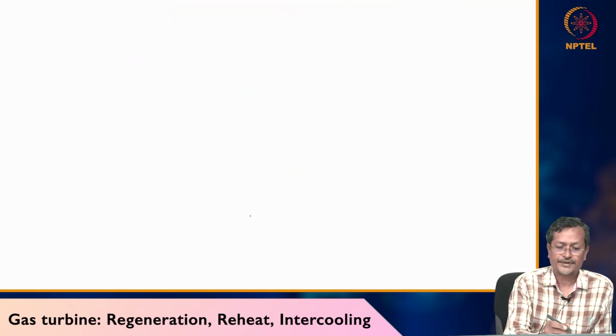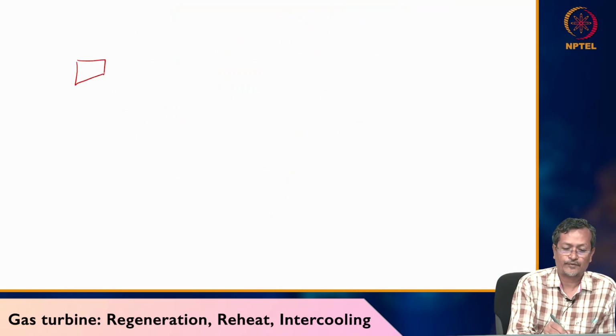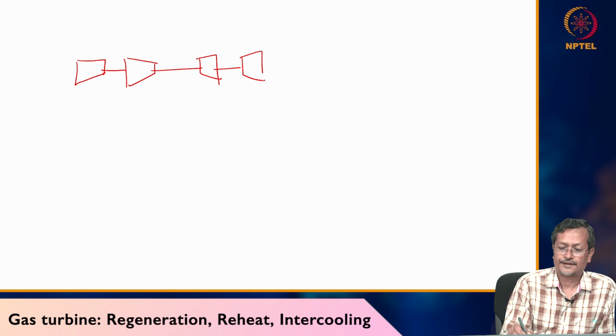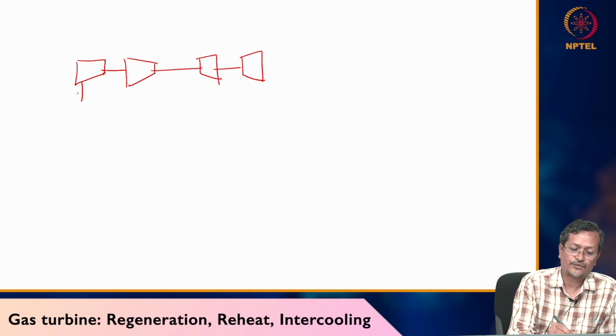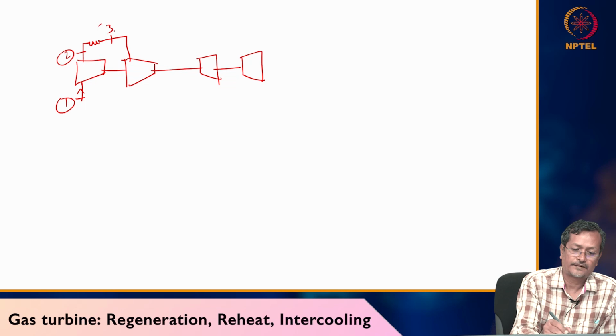So reheat with intercooling, how will it look? I have one compressor, I have another compressor, connected to a turbine. Now compressor 1 is having input here, 1 to 2, and 2 to 3 you have an intercooler. Okay.